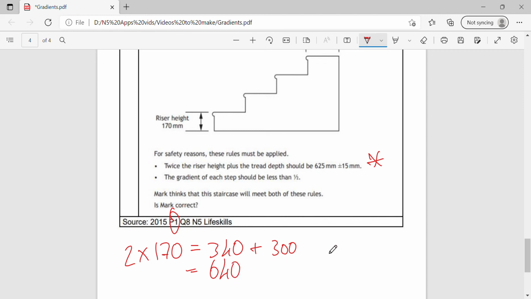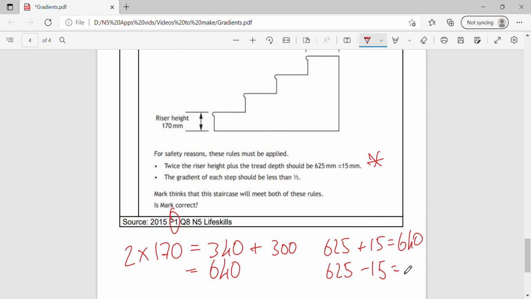That should be between 625 plus 15 or 625 minus 15. So 625 plus 15 gives us 640, and then 625 minus 15 gives us 610.